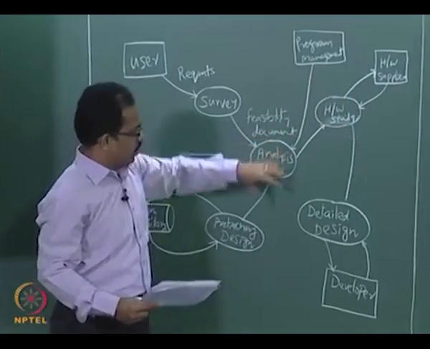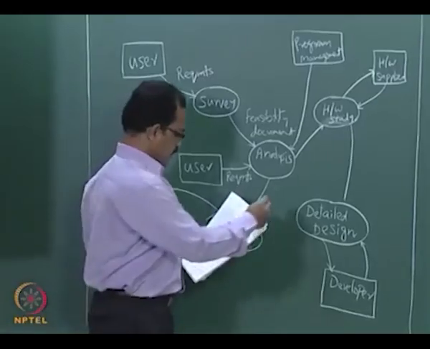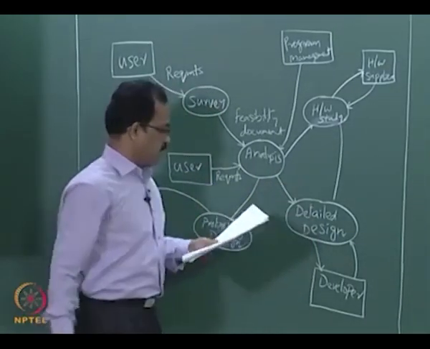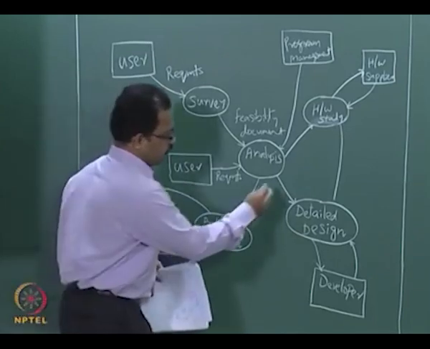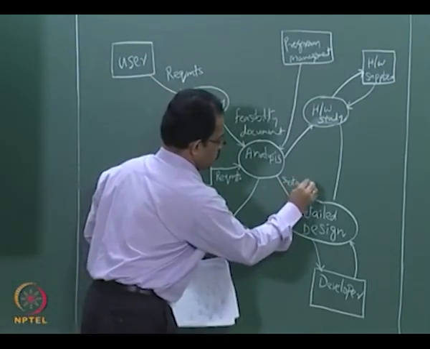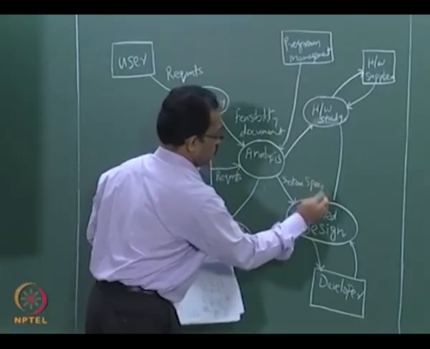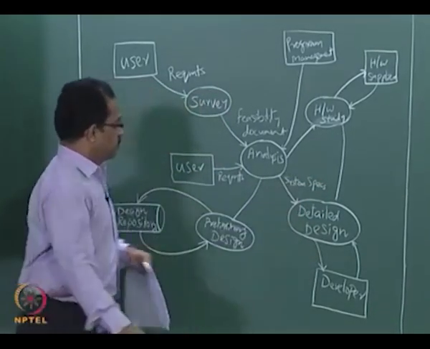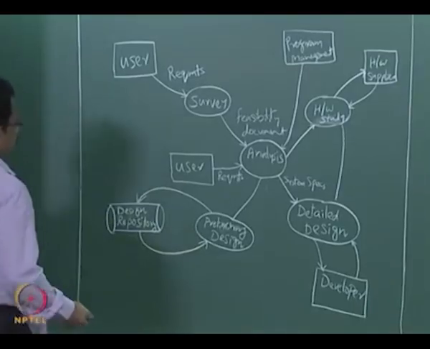When all this data is complete, it will go to the detailed design. Of course, there will be an interaction between the detailed design team and the analysis team also. Here the system specifications, or system specs, will be delivered to the detailed design team. So this shows the DFD for the design process.